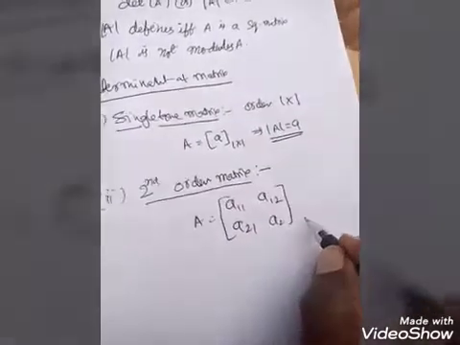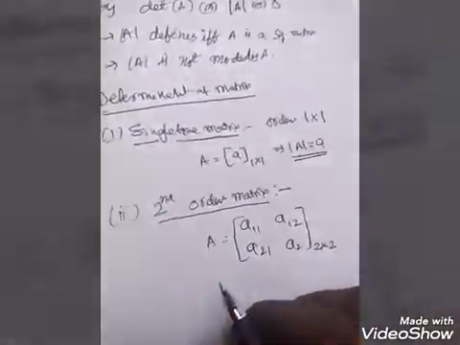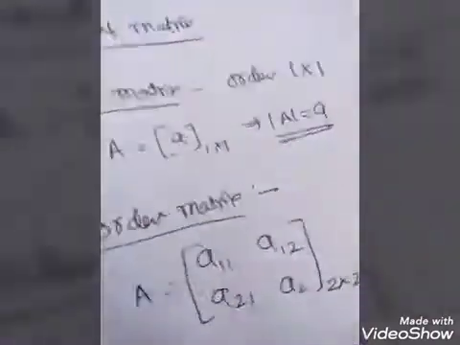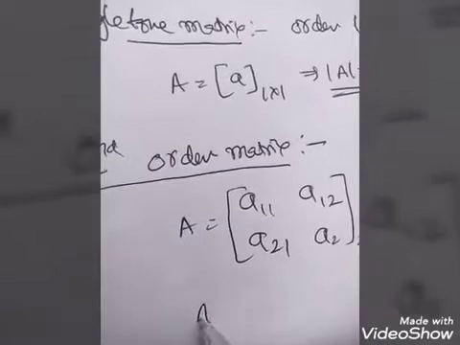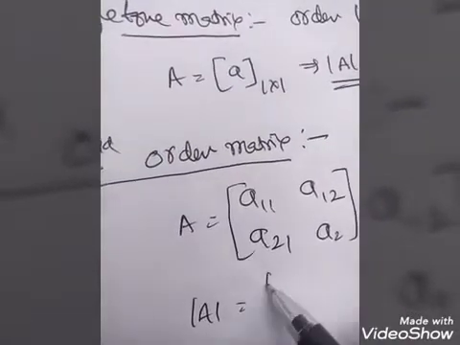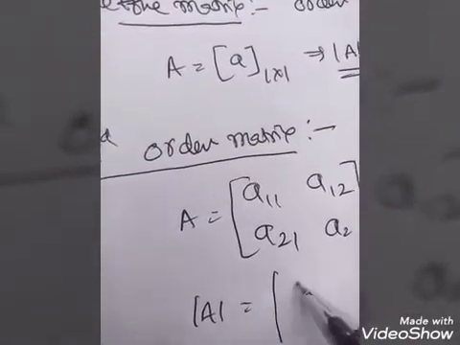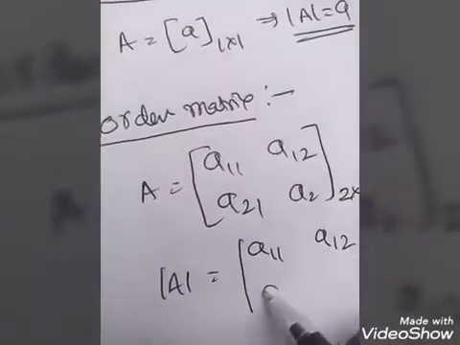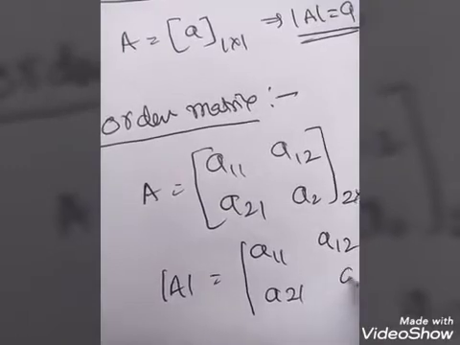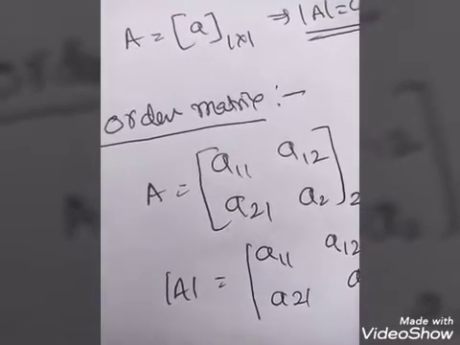That is the 2 by 2 matrix. How to calculate this one? Det A is equal to, you have to show this one in bars: a11, a12, a21, a22. That is 2 by 2.